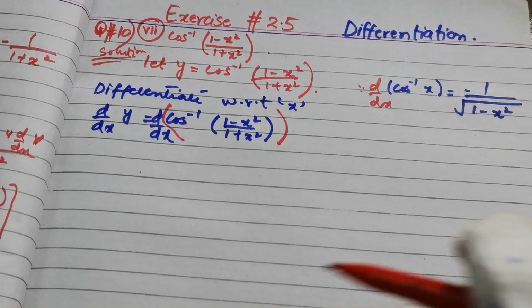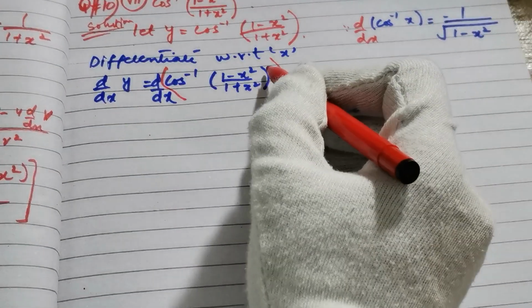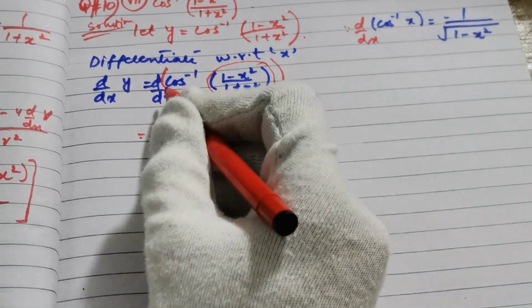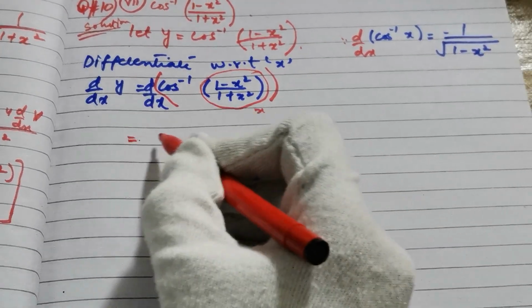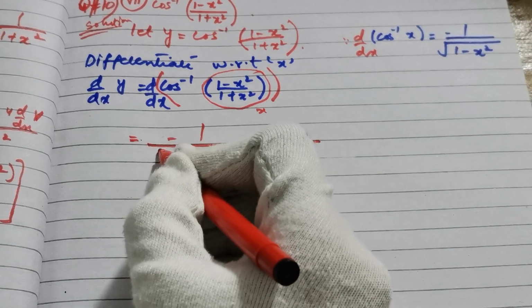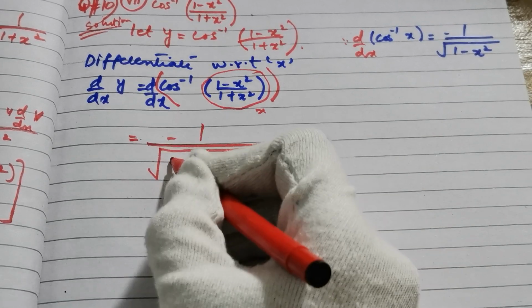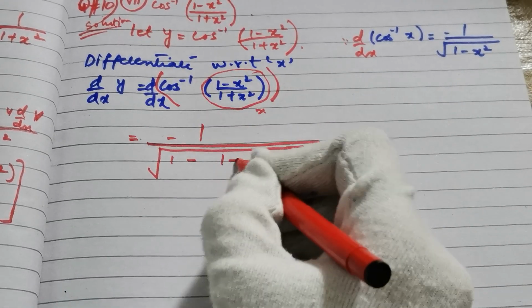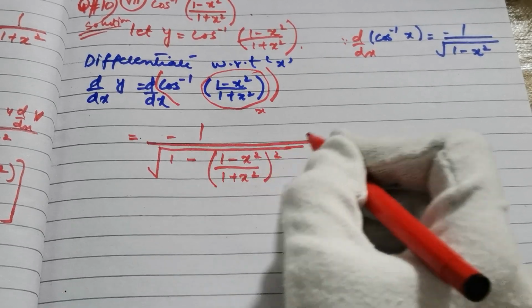So for the derivative of cos inverse of x, we consider this term as x. So d by dx of cos inverse of x is equal to minus 1 by under root 1 minus x square, where x is this term and this is squared.